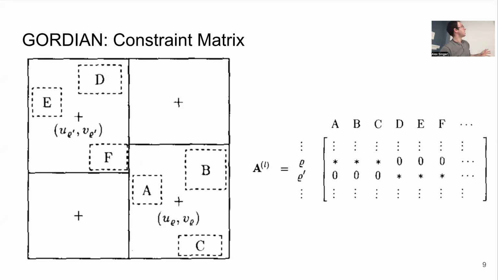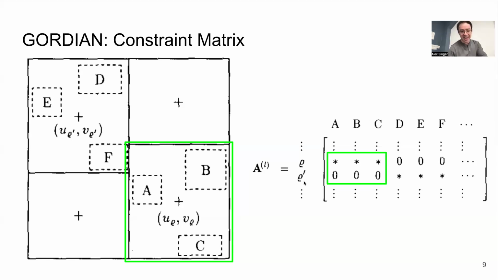So this is how the constraint matrix is formulated. What we have here is, let's look at A, B, and C. These are the macros that we want to partition. And we say A, B, and C are going to be in this partition over here. And they use these little L's to represent the row in the matrix we're caring about here. These are just integers. And what we can see here is A, B, and C are in this partition, so they're going to have some non-zero number in here.